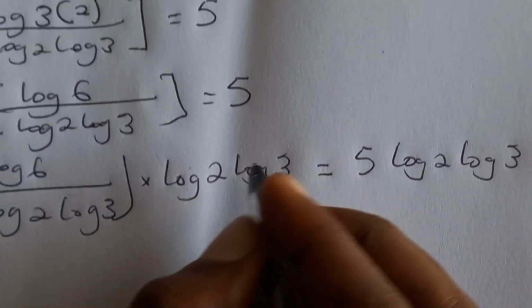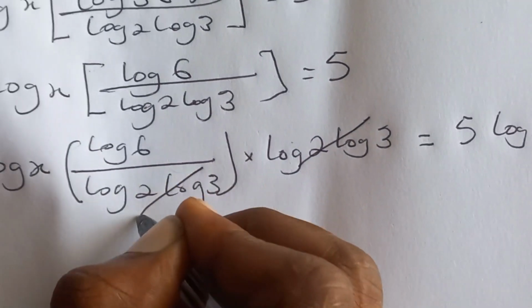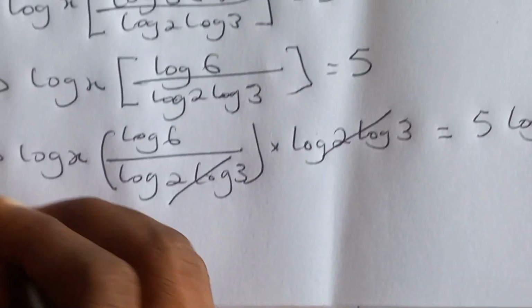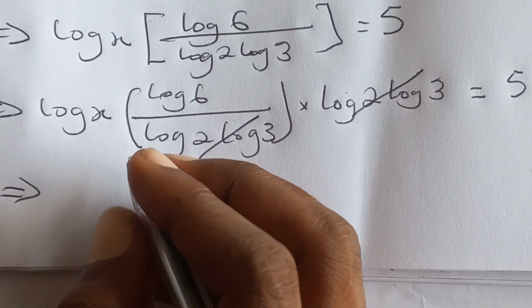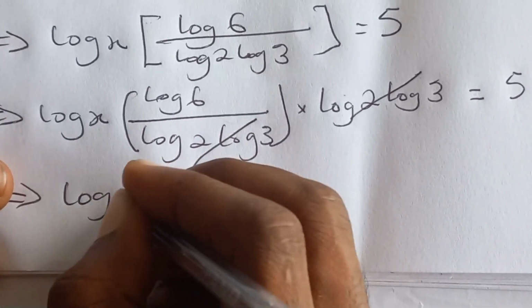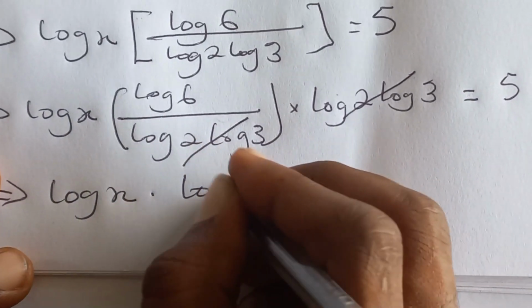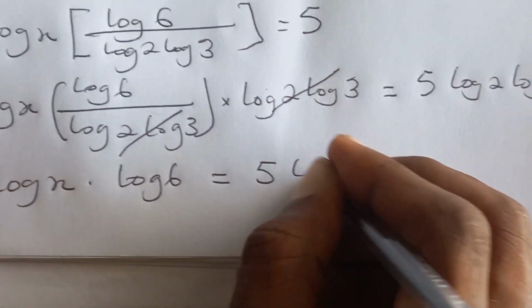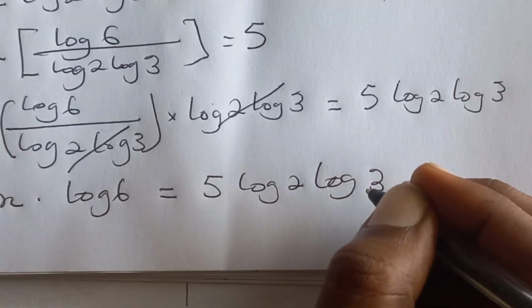This log 2 log 3 we take off the denominator here, so they cancel out, leaving log x log 6 is equal to 5 log 2 log 3.